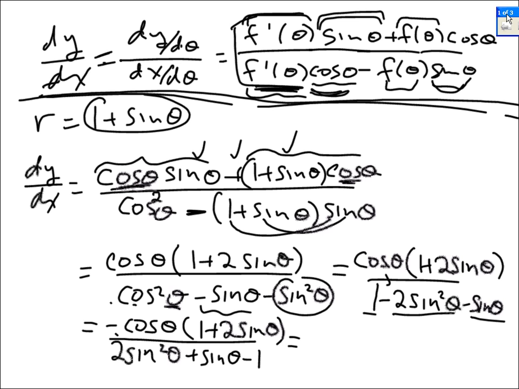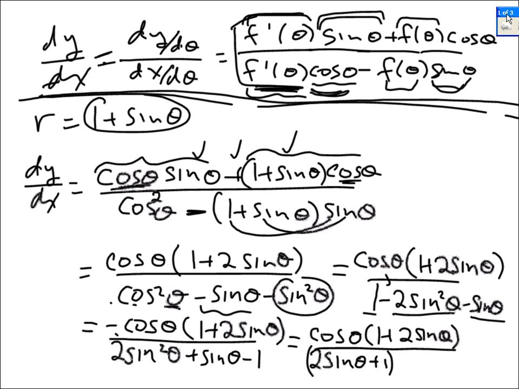Okay, one last thing. If you want to set things equal to 0, it's best to have factors, things that are being multiplied. In the bottom, we have a lot of things being added. 2 sine theta plus 1 times sine theta minus 1.